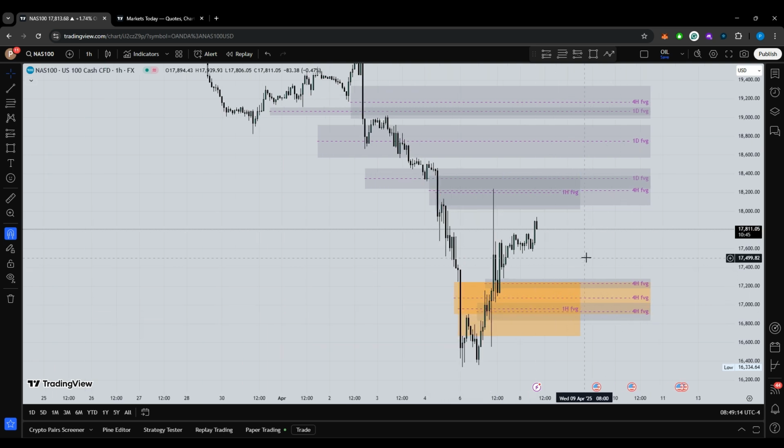See where there's a lot of areas where multiple time frames coincide with their fair value gaps and prices, like zones of traffic.